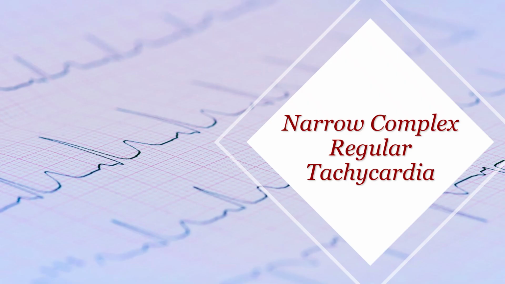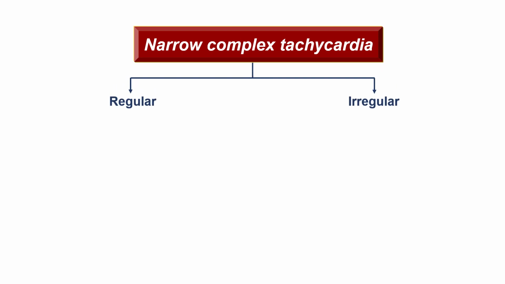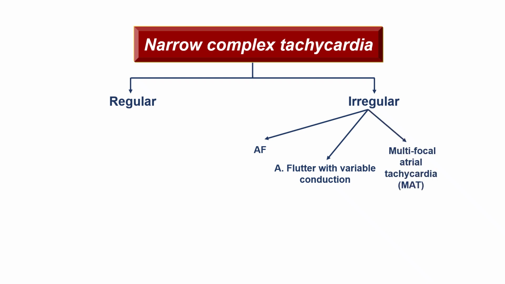So let's cover the differential diagnosis of this condition. When it comes to a narrow complex tachycardia in general, we split them into regular and irregular. The irregular ones are 3 main ones. You've got AF, you've got atrial flutter with variable conduction, and you've got multifocal atrial tachycardia, MAT.